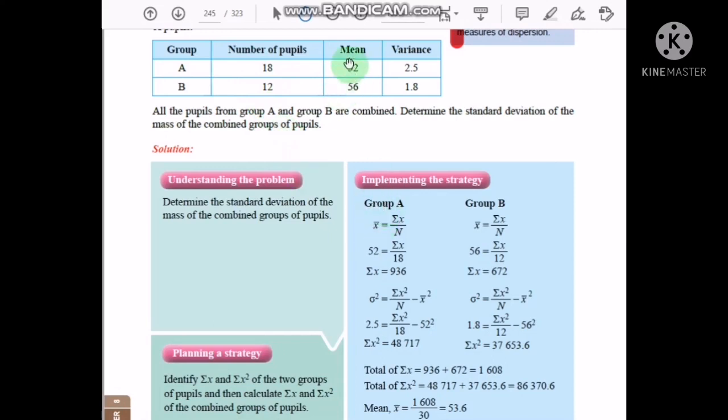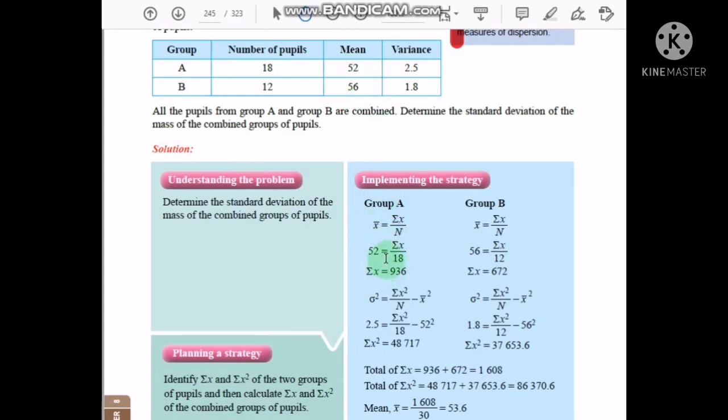Based on the mean given, we can find the total sum, or total value, of mass of people from the mean. You already know the formula for mean, and you know the value of mean is 52.